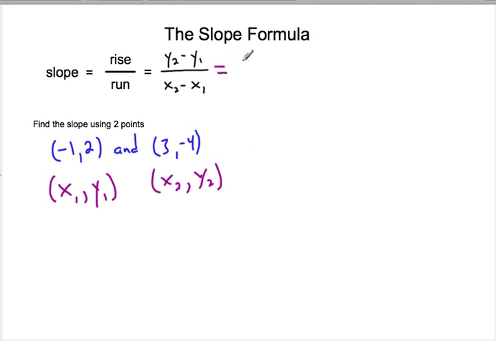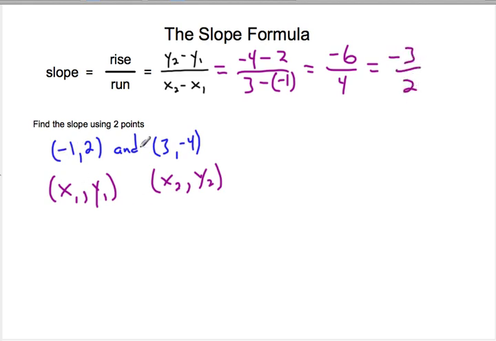So y2 is going to be -4 minus y1, which is 2, and then we have x2, which is 3, minus x1, which is negative 1. Negative 4 minus 2, and 3 minus negative 1 is 4. So the slope of a line that contains these 2 points would just be negative 3 over 2.